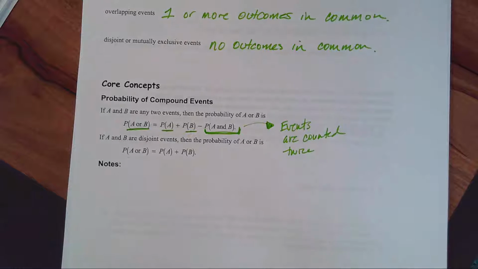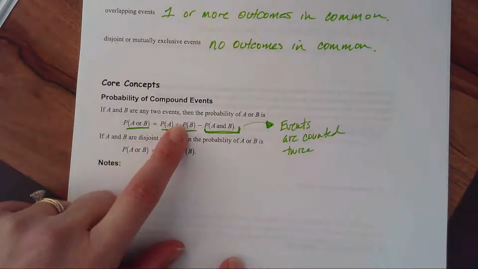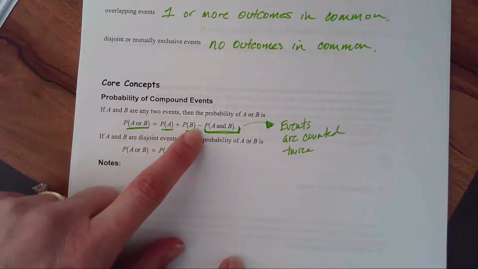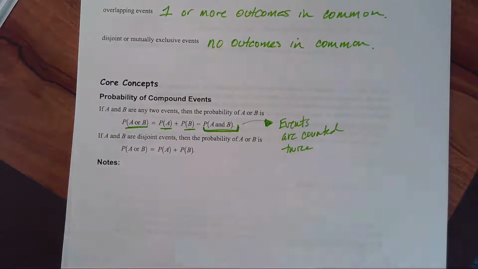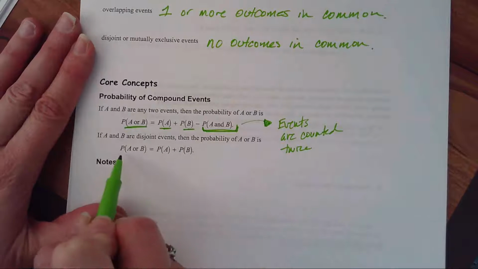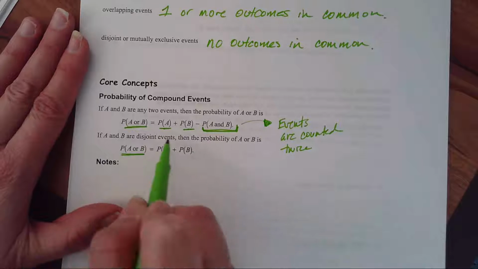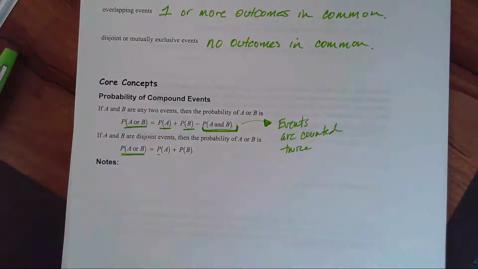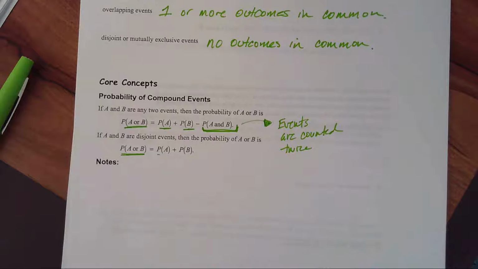So we're going to figure out the probability of A, and this time instead of multiplying, we're going to add the probability of B, but then we have to subtract out the overlap. And the probability of A or B, if this is a disjoint event, is the probability of A plus the probability of B. The difference between these two is that in the first there's overlap.